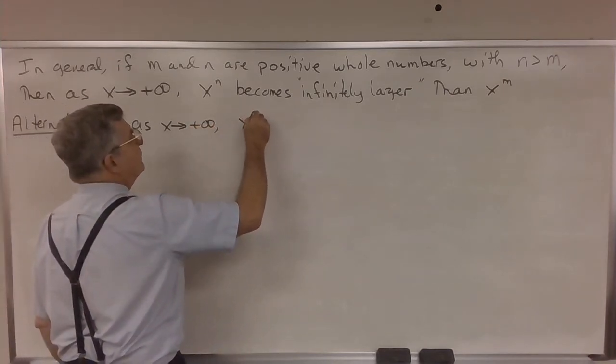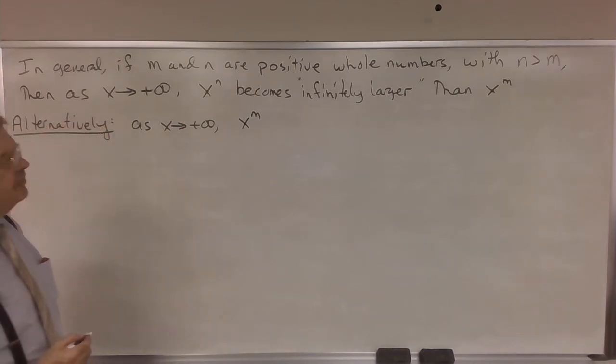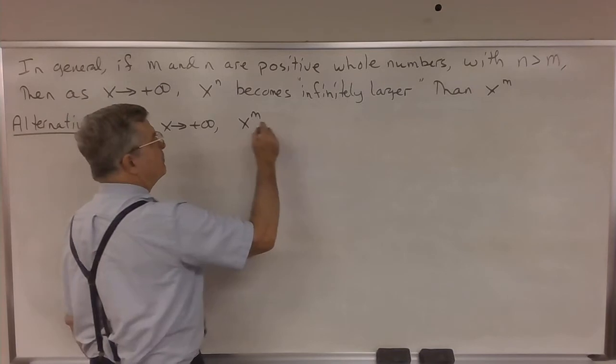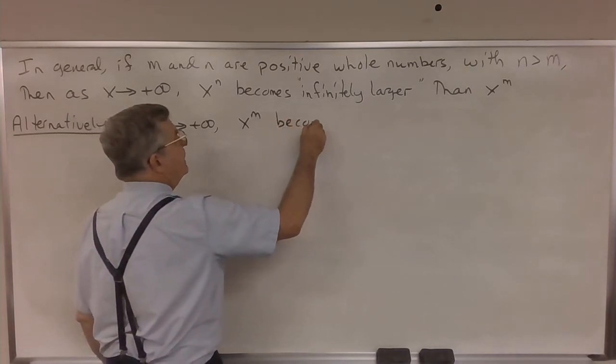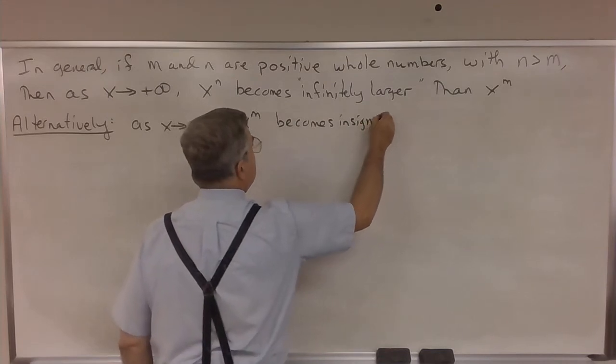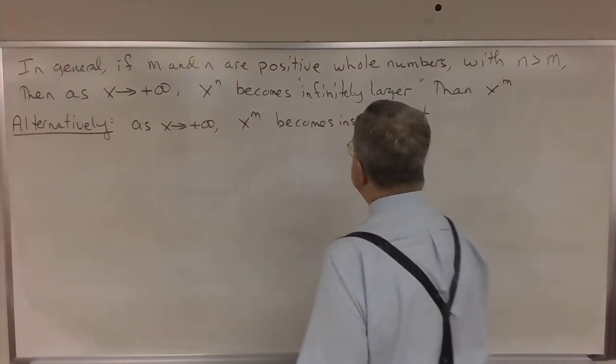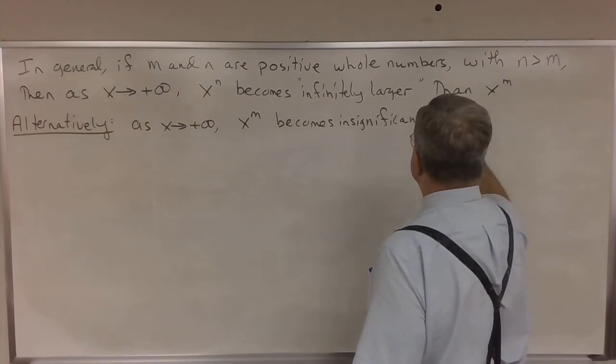Now, we could also say that as x goes to plus infinity, x to the m, the smaller exponent, becomes insignificant compared to x to the n.